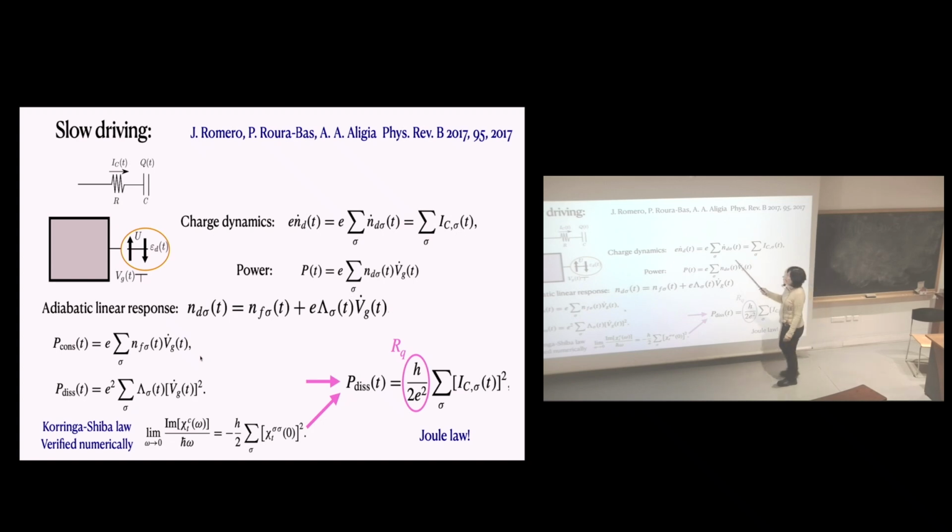Here, this is the rate of change of the charge stored in the capacitor, so the charge stored in this system, and this is precisely what defines the time-dependent current. So here the current has a vanishing mean value averaged over time, because we have just one reservoir. But what we are talking about is the time-dependent current.